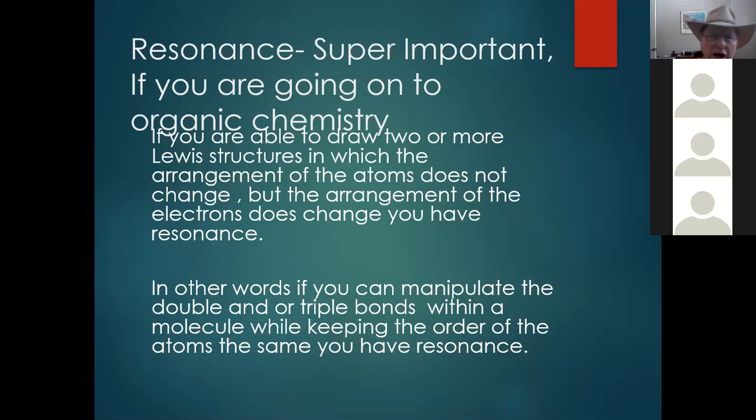All right, if you guys are going into organic chemistry, you're going to need to know resonance and why it becomes important. Remember, if you're able to draw 2 or more Lewis structures in which you can manipulate the double and triple bonds such that you make another legitimate Lewis dot structure, what happens is you have resonance.